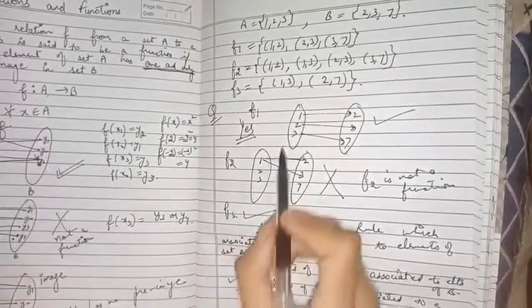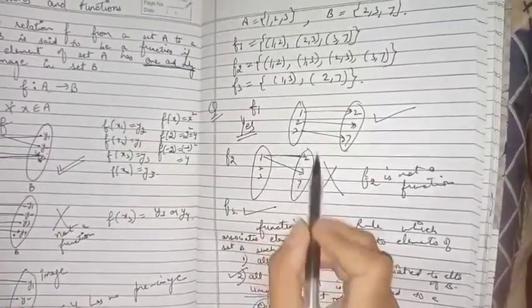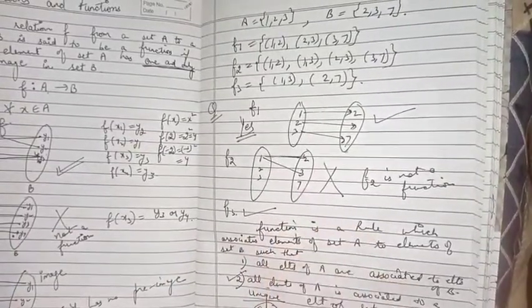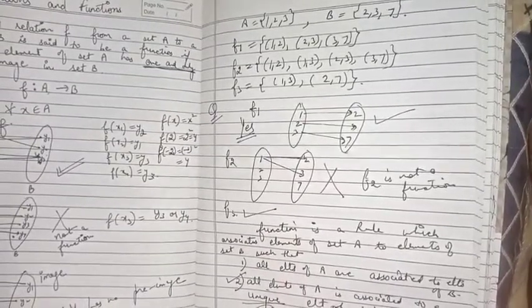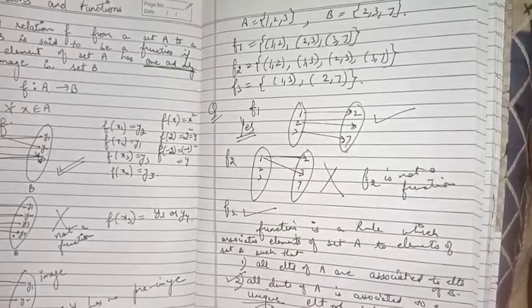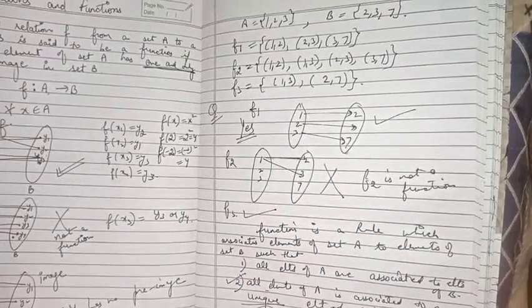That means every function should have a unique image. In simple words, we can say that function is a rule from set A to set B that associates each element of set A to a unique element of set B.